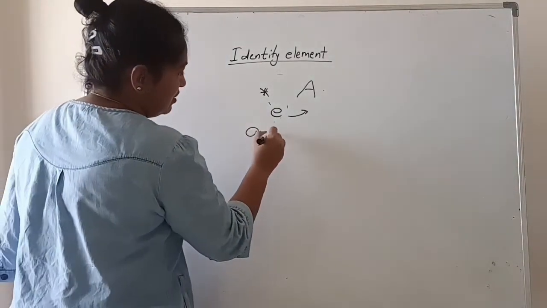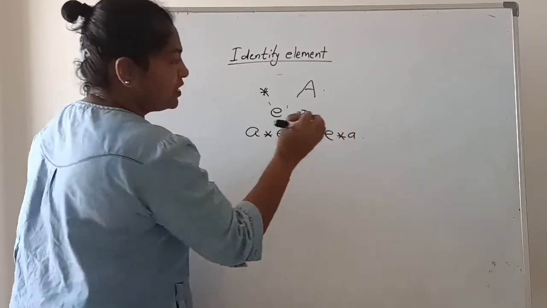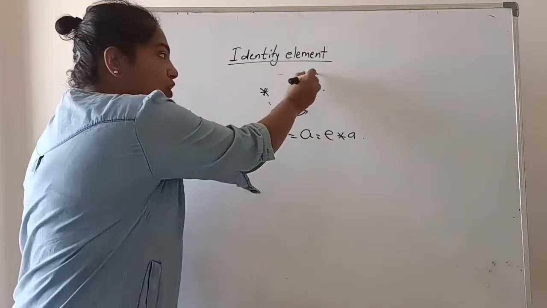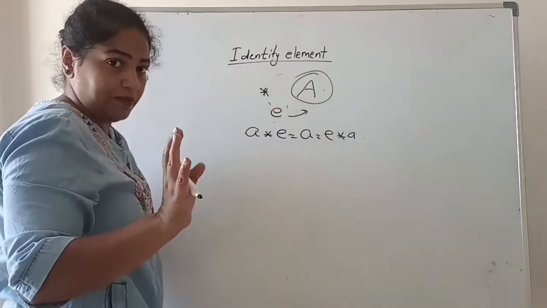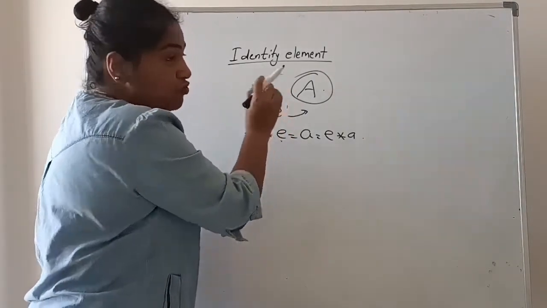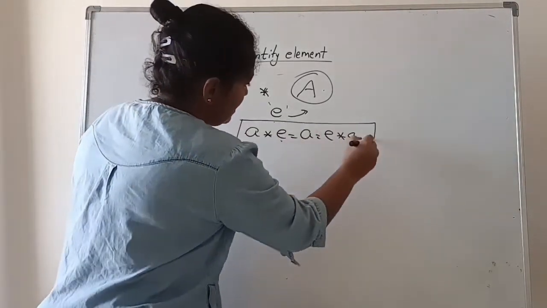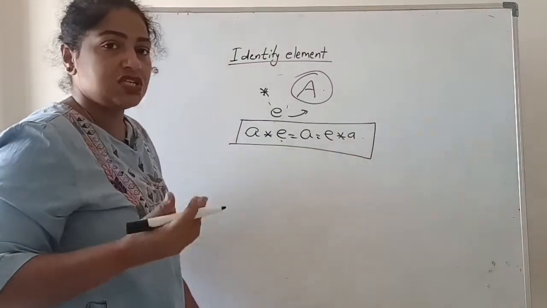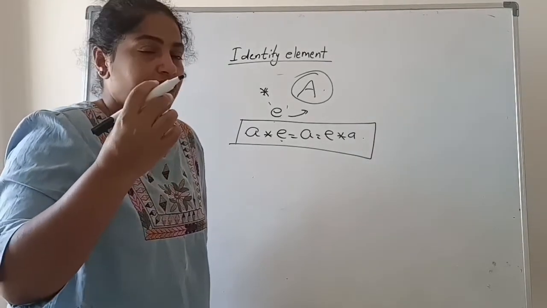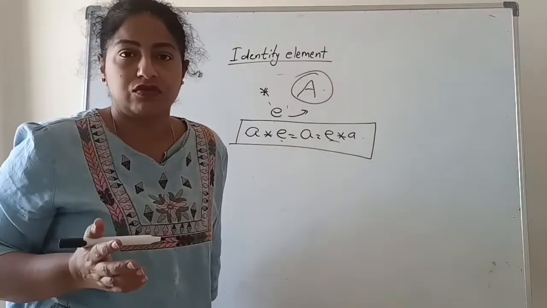The condition is that for every element A which belongs to this bigger set A, there exists an identity element e which also belongs to set A in such a way that A binary e is equal to A, which gives me e binary A. So in this same definition of identity element, you need to check the commutativity also.